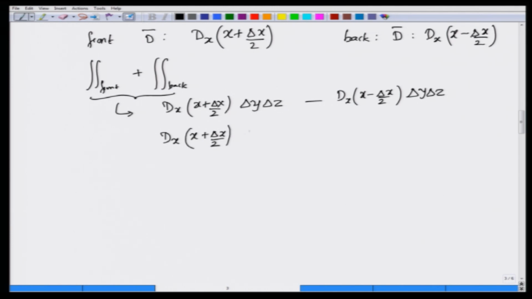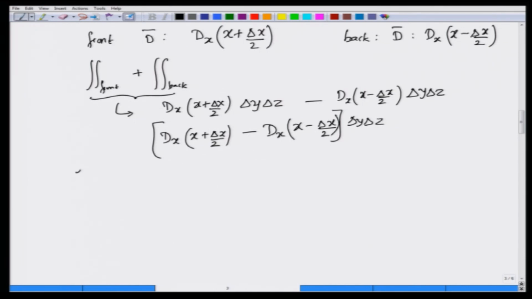Dx of x plus delta x by 2, that is the x component of D vector evaluated at x plus delta x by 2, minus the x component of D vector evaluated at x minus delta x by 2, multiplied by delta y and delta z.